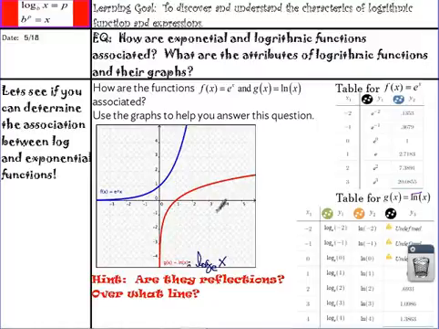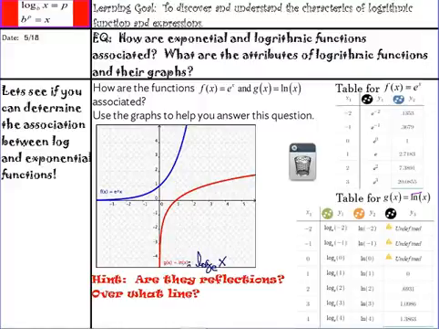at the graphs? I also have a table for e to the x for values from -2 to 3, as you can see here, and we also have values of the natural log of x from -2 to actually 4 here.